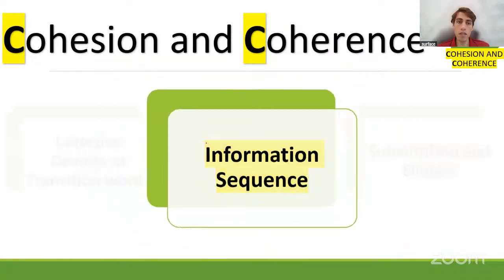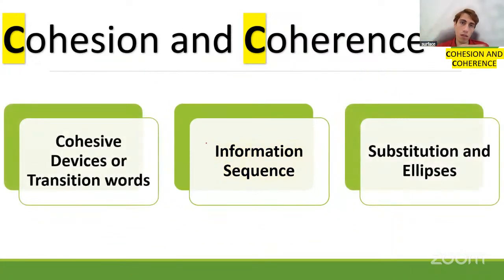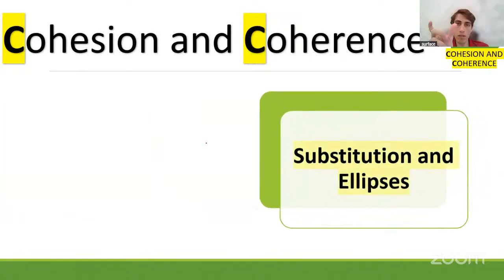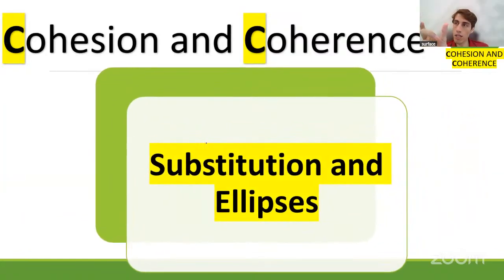I basically keep focusing on, as you said, information sequencing. I keep focusing on that. If I see something that is not there, I ask, what is this related to?